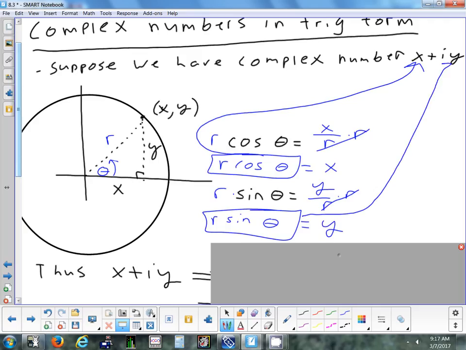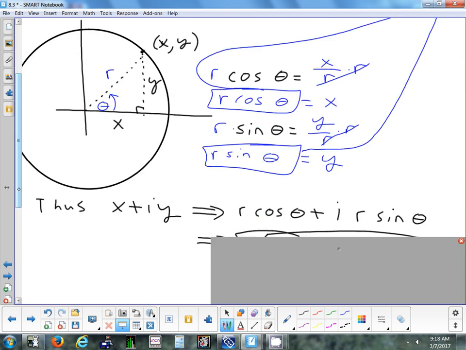Okay. And now we can take this and plug it in for which letter? Y. If you do what those two arrows are saying, that's the trig form of a complex number. It won't have an x and a y in it. It will have an r and a theta. So what would happen is replace x with r cosine theta. That's what I did right there.